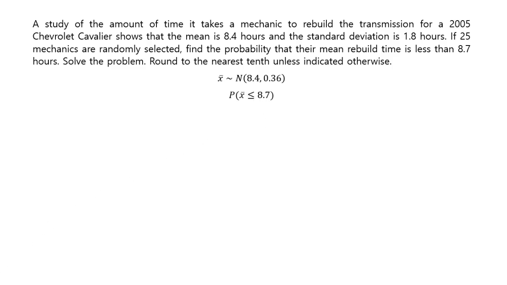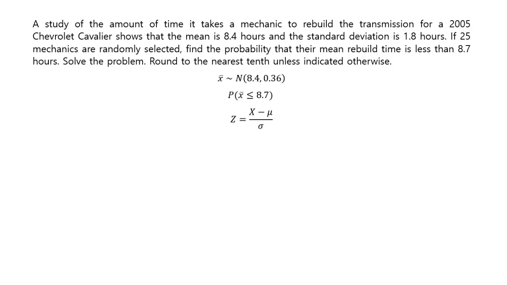Okay, all right, so we use the usual z-score, subtract the mean value and divide by the sigma, but remember the sigma here is this one. So we're completely forgetting the first part where we came up with this result, and now we're pretending all we know is 8.4 and 0.36.